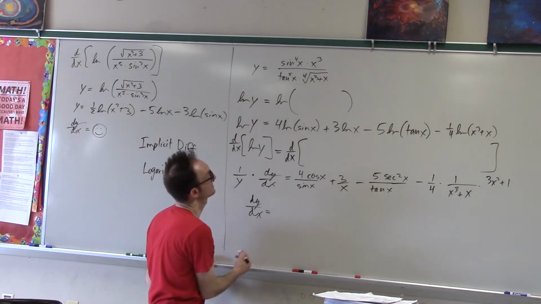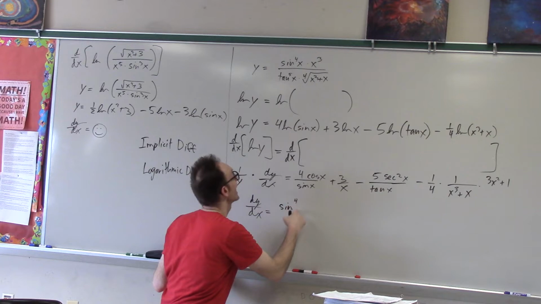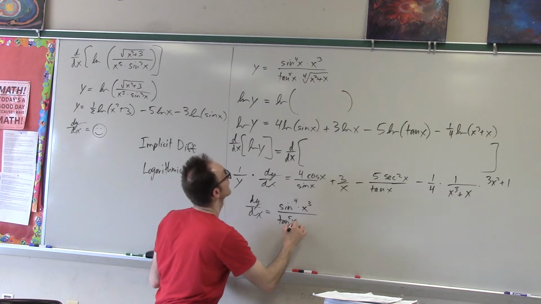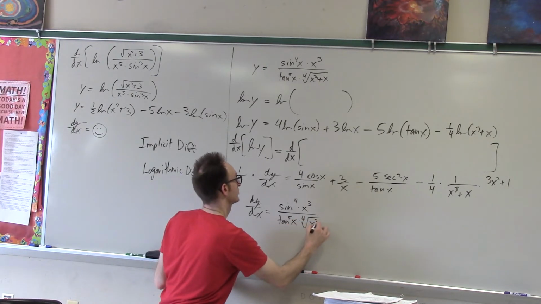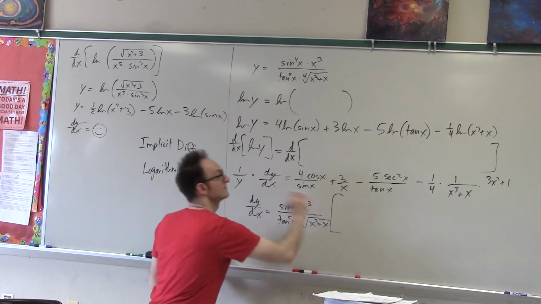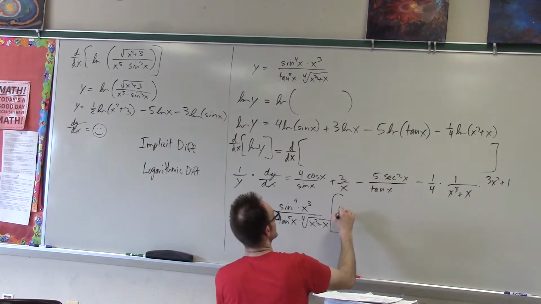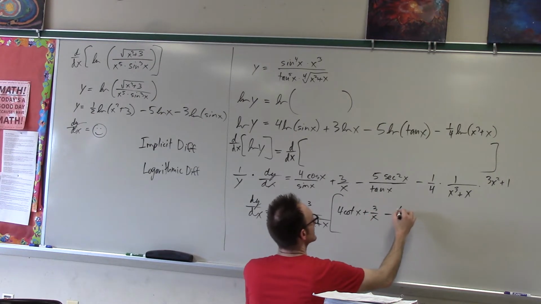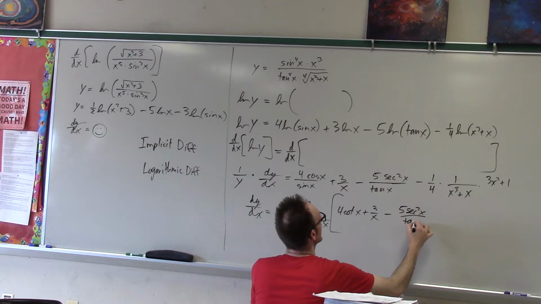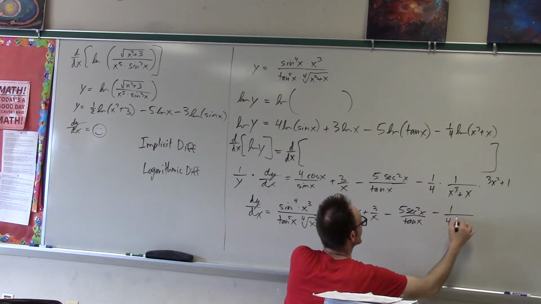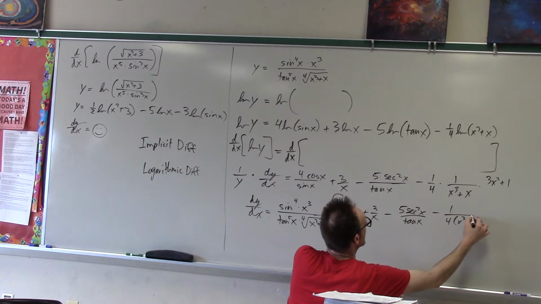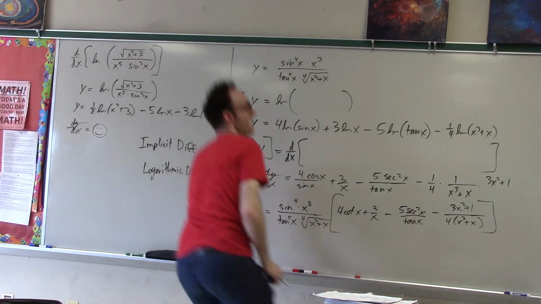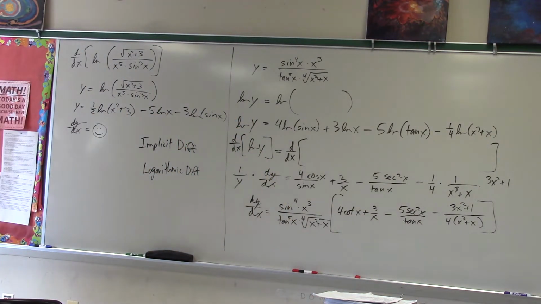And so the final answer to this problem, believe it or not, is sine fourth x times x cubed over 10 to the fifth x times the fourth root of x cubed plus x, but then times all this: 4 cotan plus 3 over x minus, I don't know if that simplifies, I'm too lazy to simplify that, so I'll just leave it, minus 1 over 4 x cubed plus x, and then the top is actually 3x squared plus 1. So that entire giant mess is actually just the derivative.